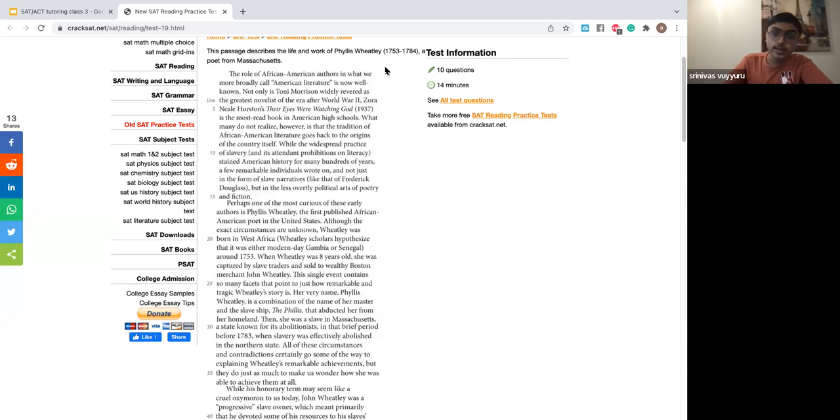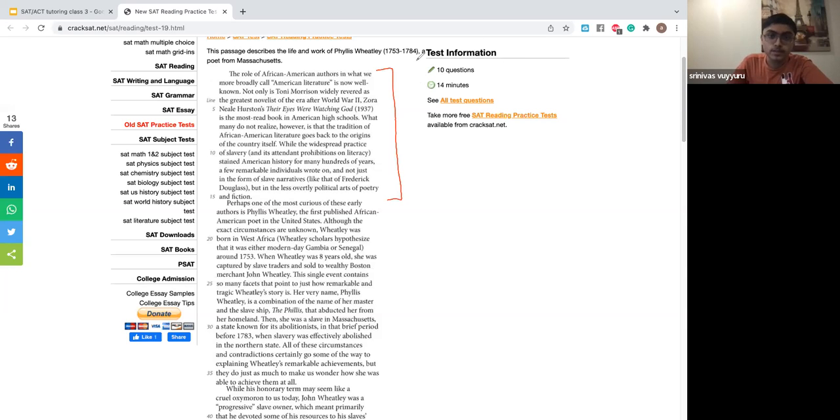So basically, what I recommend after reading every passage is to take a minute and quickly write a sentence on what this paragraph is about.